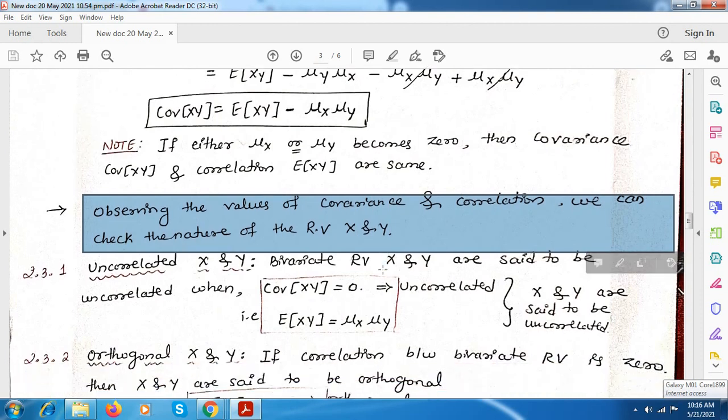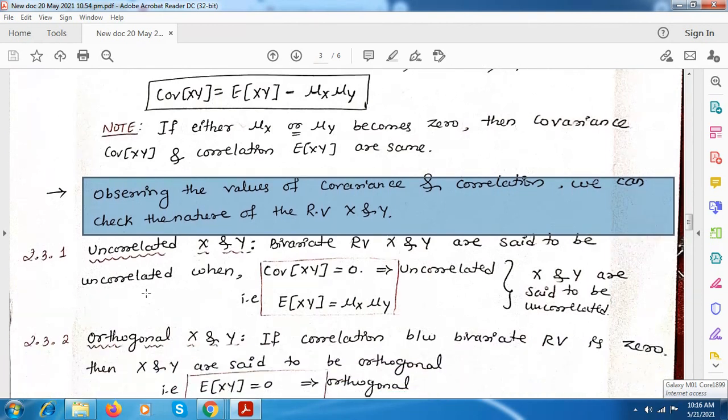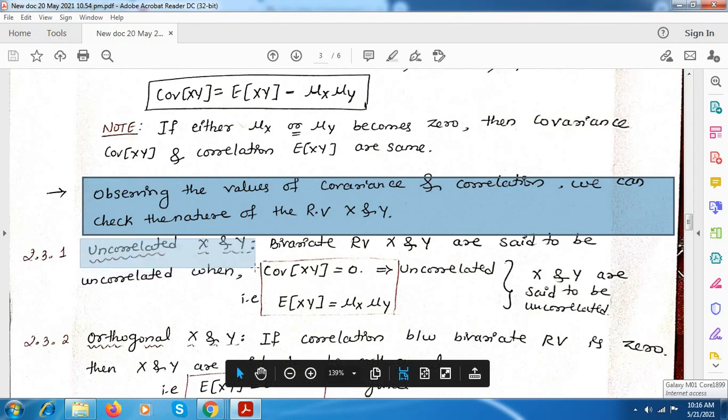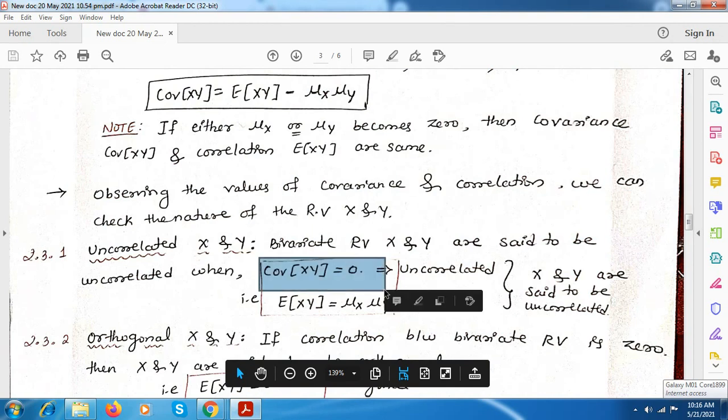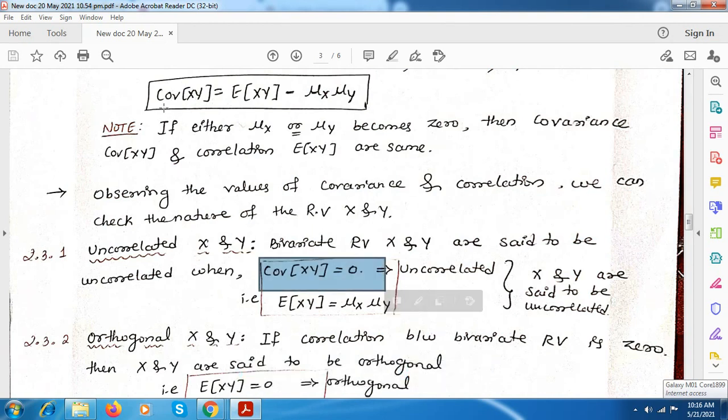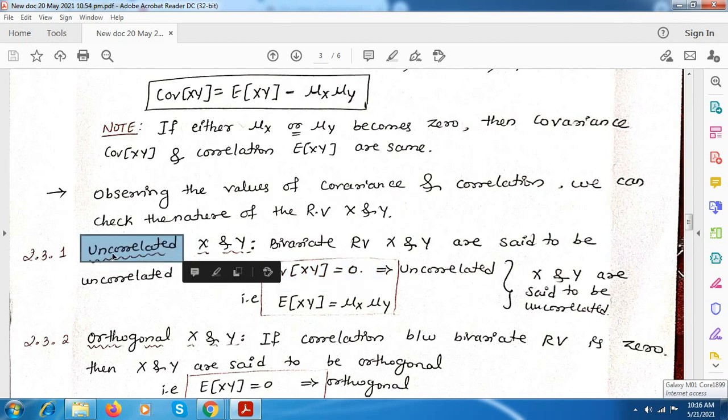So here the first condition is uncorrelated. Uncorrelated x and y means the covariance value will be equal to 0. In this equation, when this covariance value is 0, then that condition we call uncorrelated. Uncorrelated means no common things between the two random variables.